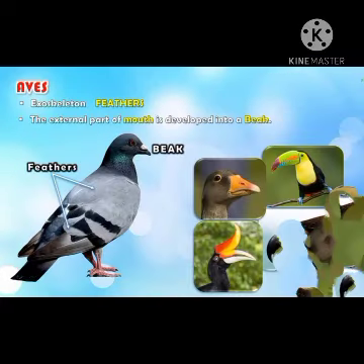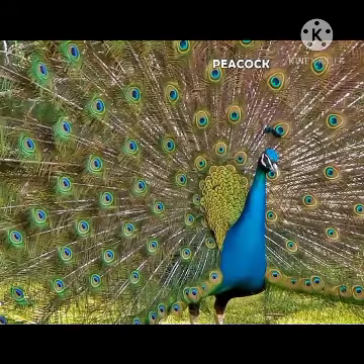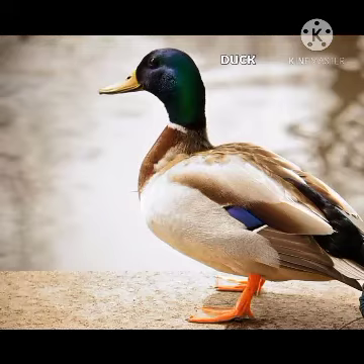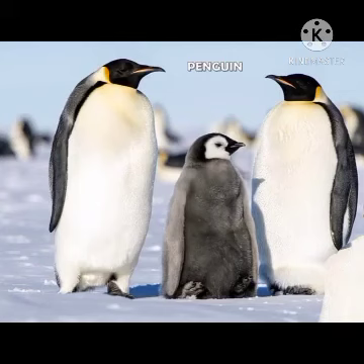Exoskeleton is present in the form of feathers. The external part of the mouth is developed into a beak. Neck is present between head and trunk, so it can rotate its neck. Example: peacock, parrot, pigeon, duck, penguin, etc.